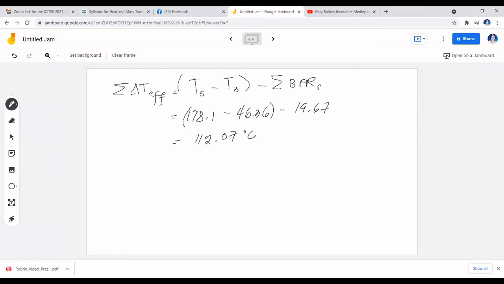So we have a delta T effective of 112.07. With this new delta T effective, class, you will determine your true delta T sub 1, delta T sub 2, and delta T sub 3, which will all be actually equal because of the same summation of delta U's.